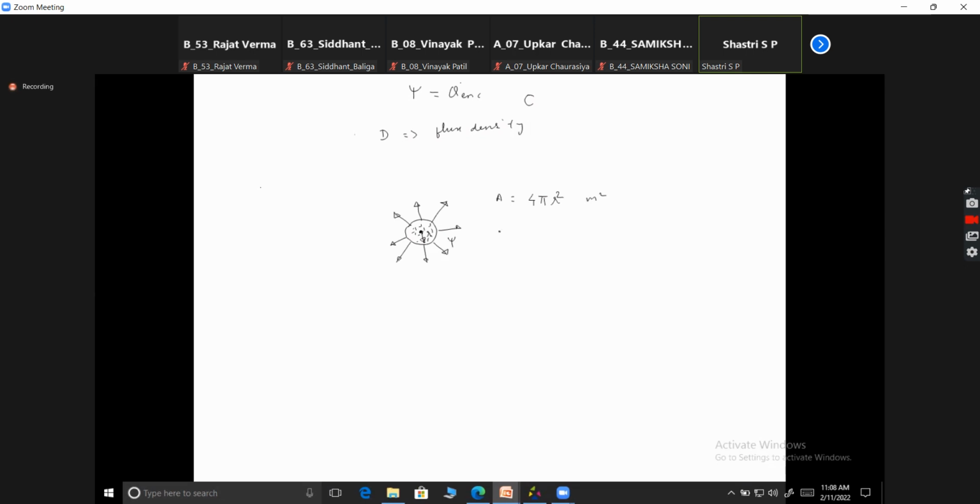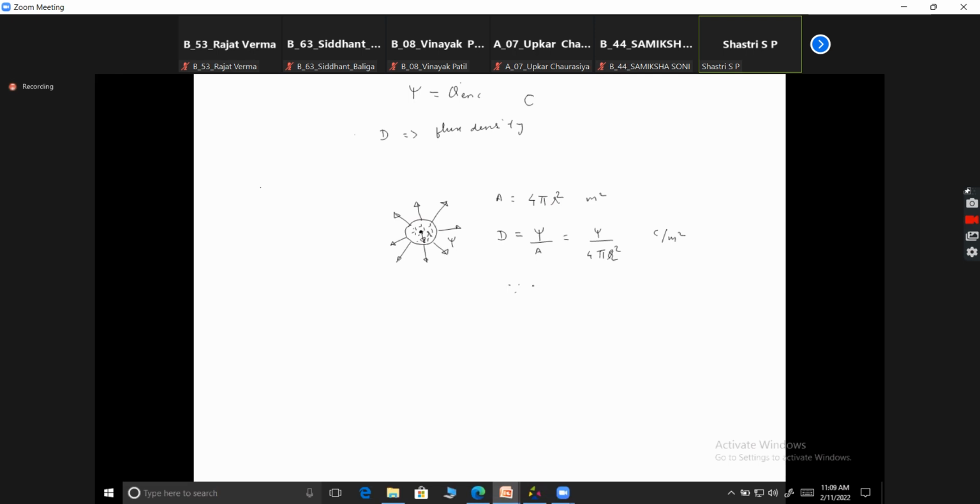Now there is a certain amount of flux leaving this area. So I have to calculate the flux density. Simply, it is the flux present on the surface divided by the surface area A. So it becomes psi divided by 4 pi r square, in coulomb per meter square. Now I will use Gauss law.